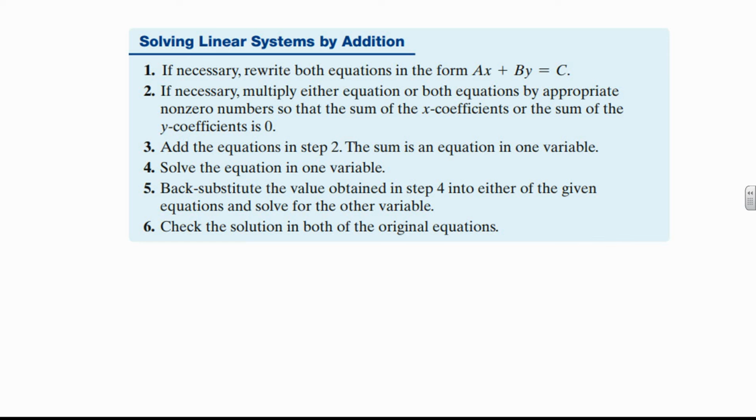Okay, so there's another method. The first method is called substitution. I can solve a system by substitution, or I can solve by what's called the addition method. Now, the addition method is really not the name for it.